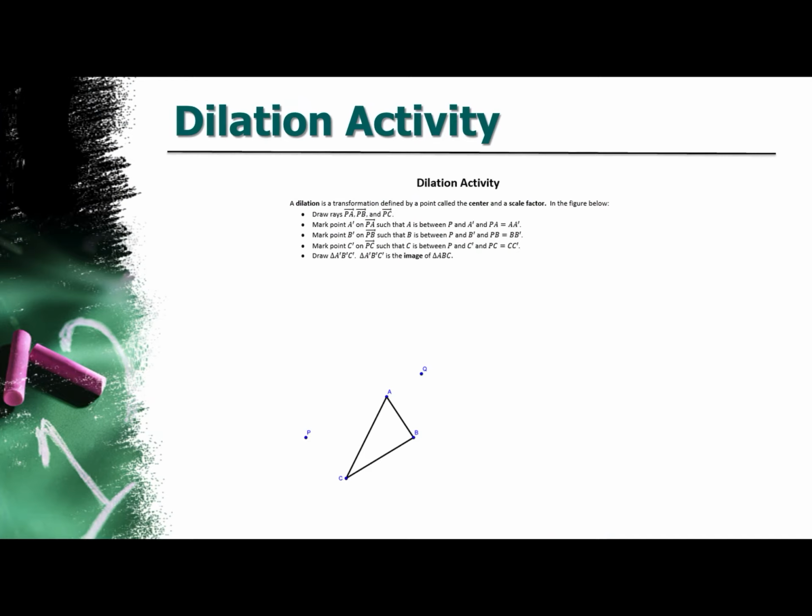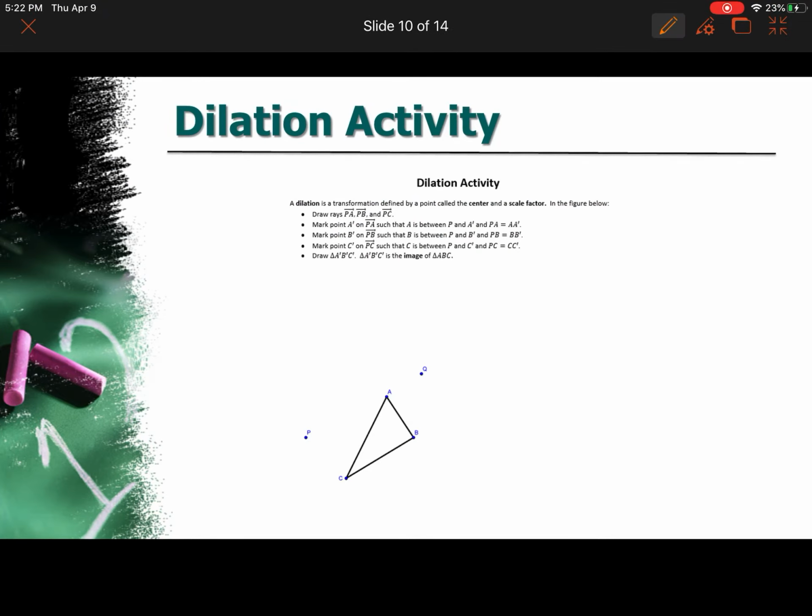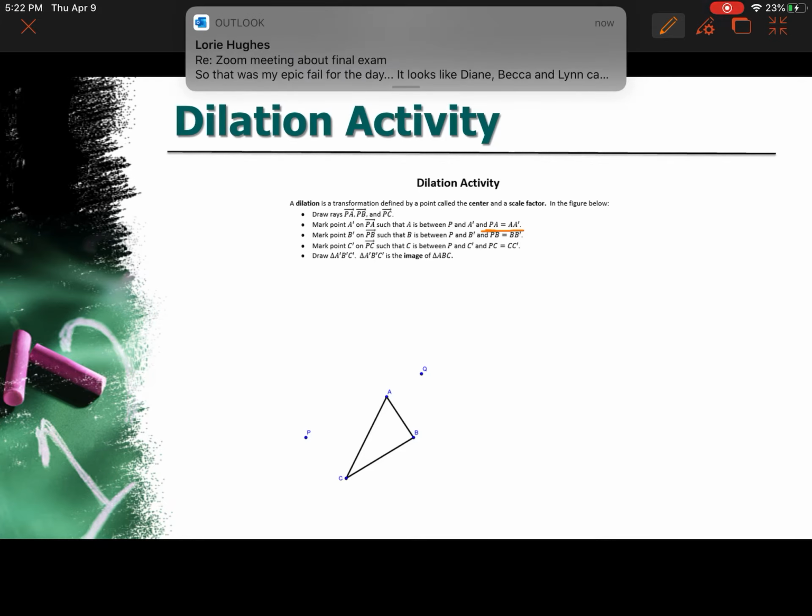The way they're asking you to make a segment where PA is the same as A prime, that means A prime is twice as far. So this will be with a scale factor of 2. I'm not going to try to draw it because I just showed you one with scale factor 3. So I know you can do this. You do the lines, you mark off the places.